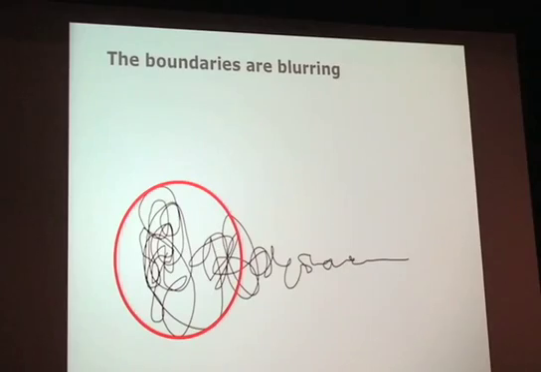The part of the design process that I'll be talking about is this front end, which has been growing and getting messier and messier over the past 10 to 15 years. What's going on here now, it's not clear if it's research or if it's design.